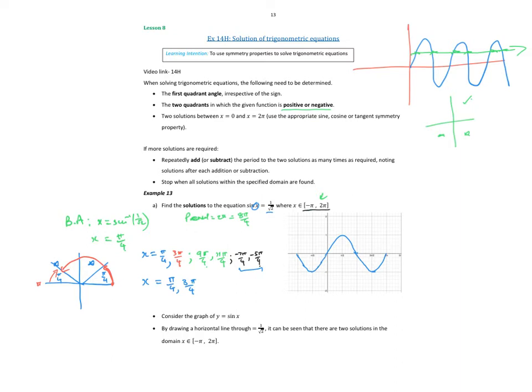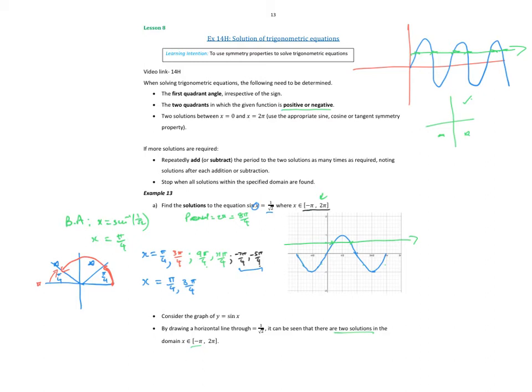Well, 1 on root 2 is about 0.7071, which is around here somewhere. So we can see graphically I only expect 2 solutions anyway. If we were looking for negative 1 on root 2, obviously there are a few more underneath the axis. So there are the 2 solutions that I was after.